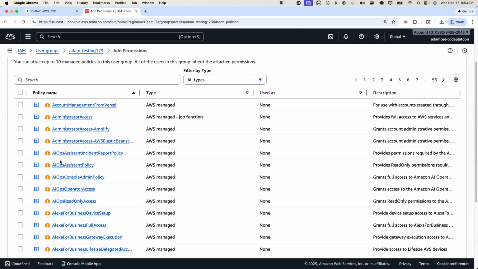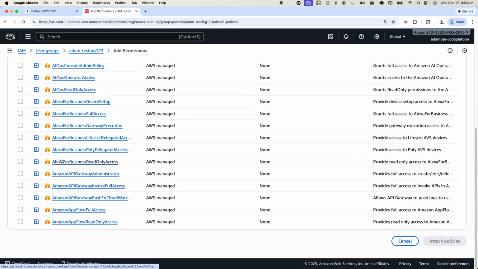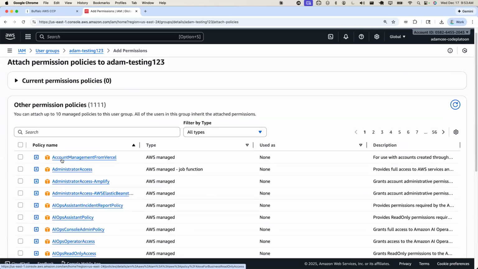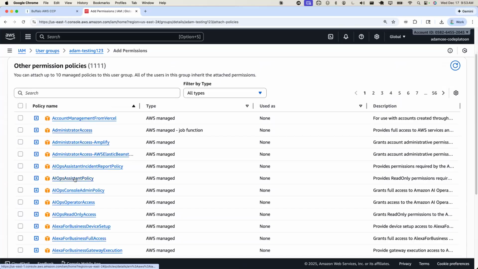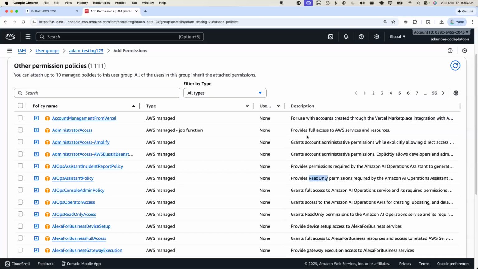But as you can see, the policies get really granular and they're for even specific services. Let's just attach this AI Ops Assistant policy. As the description says, it provides read-only permissions required by the Amazon AI Operations Assistant.